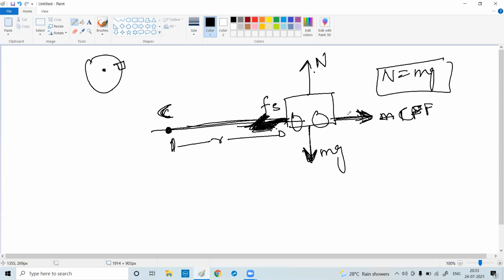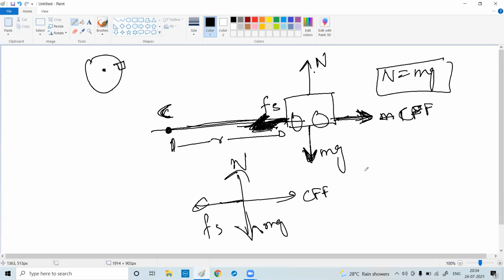If it is not equal, then what will happen? The object will not rotate. The object will either stand still or it will go out of the track. Whenever we talk about a motion, the forces balance each other. So N is exactly opposite to mg, and Fs is opposite to the centrifugal force.